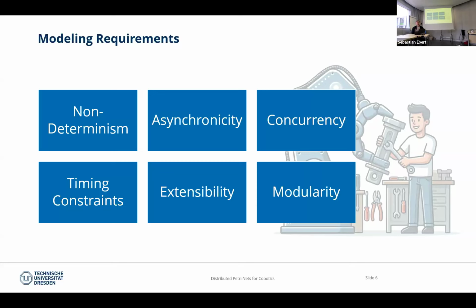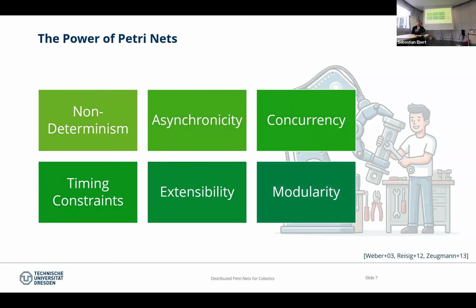There is one formalism around, and I think I spoiled it a bit with the title of this presentation. So it's surprisingly, and not surprisingly, Petri nets. They are by nature already non-deterministic and asynchronous, and also provide concurrency based on the structure. We will have a look at that soon. There are many extensions around them in the world, especially because people have been researching on that thing longer than I live, maybe also longer than my professor has lived.